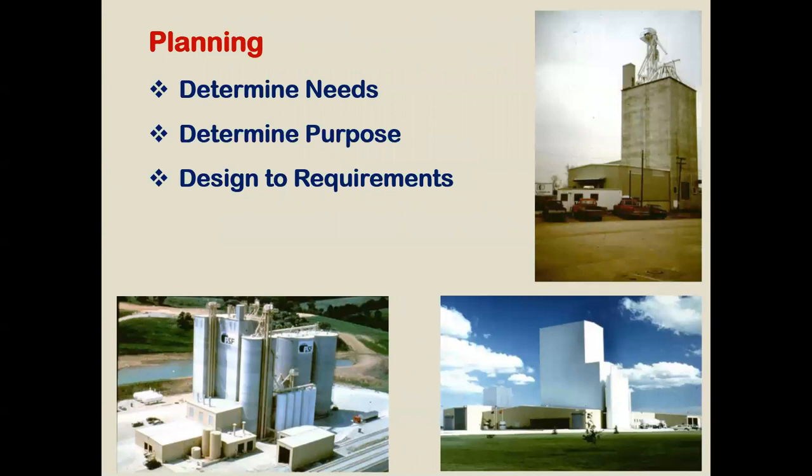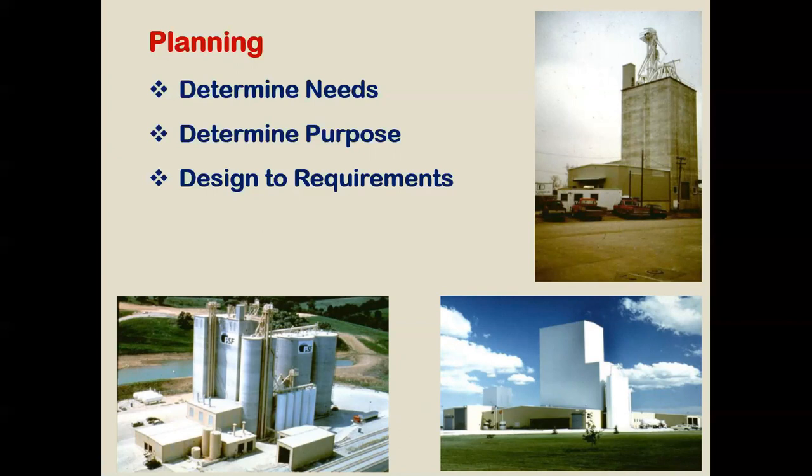So before starting any feed mill, what should be our planning? First, planning should be to determine the needs of the production. How much production, how many metric tons of production will be required. So need-based planning is important, and one of the prime factors is what the need is and what output we want.